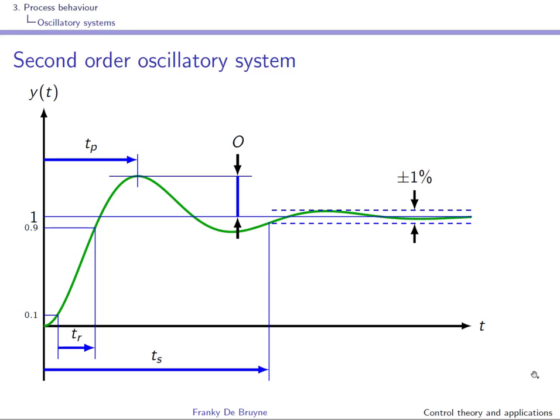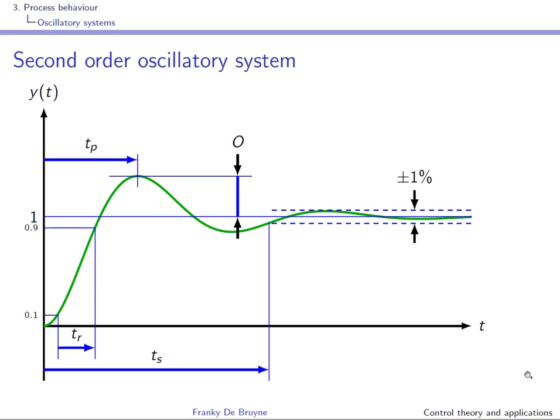In process industry, very few processes are designed to behave like a second order oscillatory system. But the closed loop behavior, that is the process in closed loop with the controller, often a PID controller, will very often have this type of behavior.